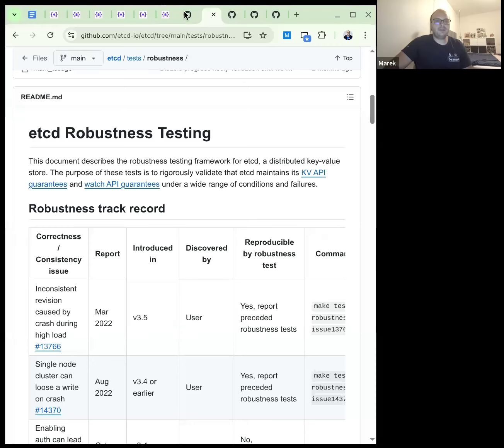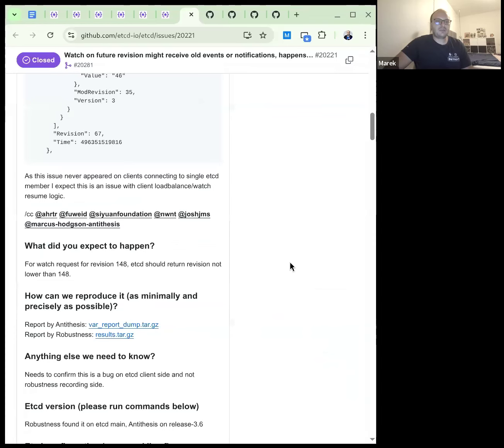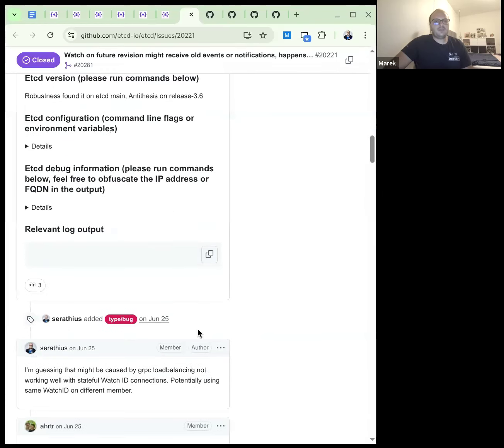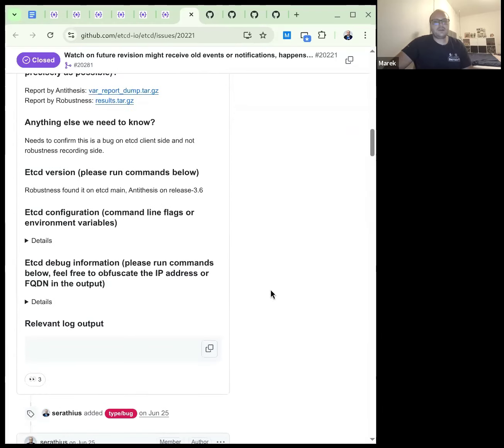So when we found a bug in robustness tests, the first breadcrumb is the report. If it's an issue with watch or an issue with linearizability, you know around which request and which revisions it happened. So we can look at that short window, or see what fail point happened around the time. So that was the first thing.